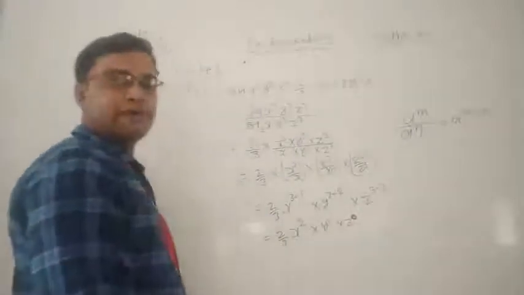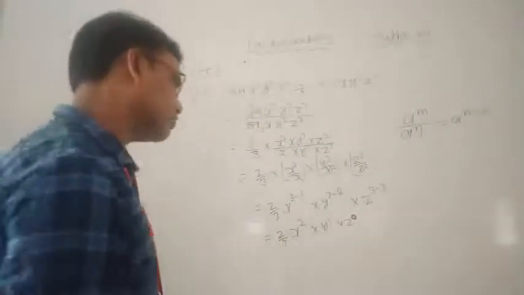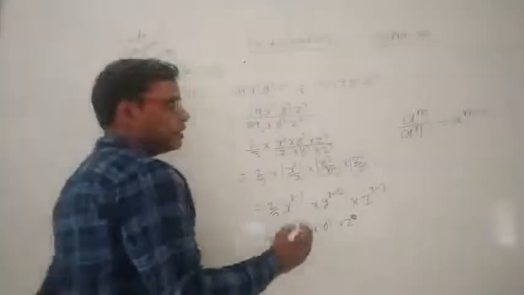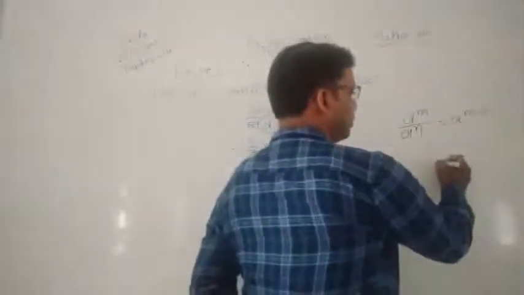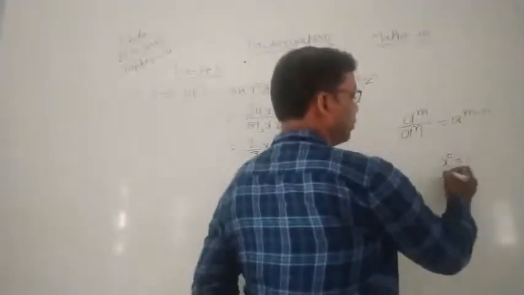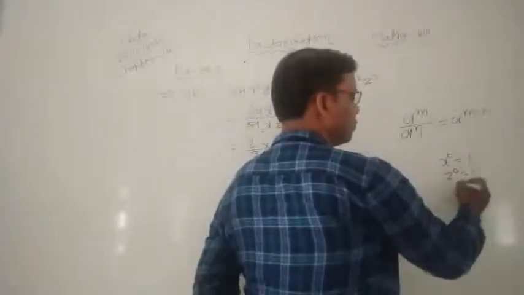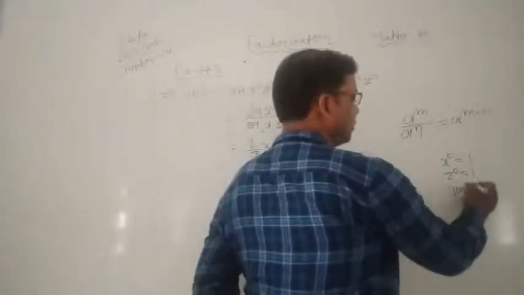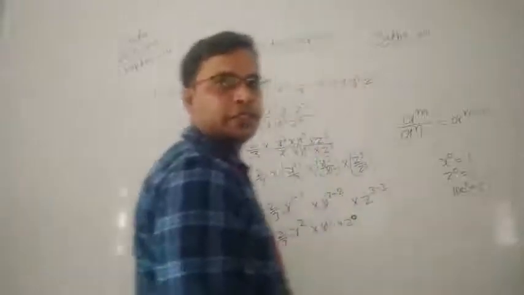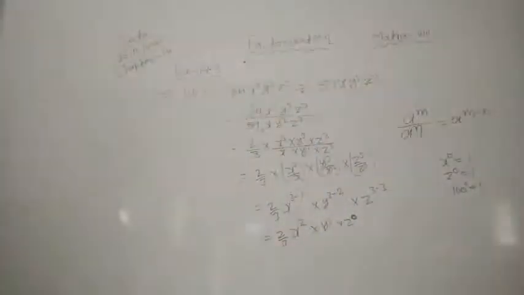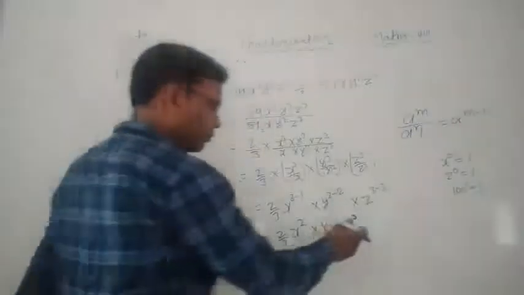What is z power 0? If any number has power 0, x power 0 is equal to 1, z power 0 is also equal to 1, 100 power 0 is also equal to 1. This is clear? Now, so here z power 0 is 1.